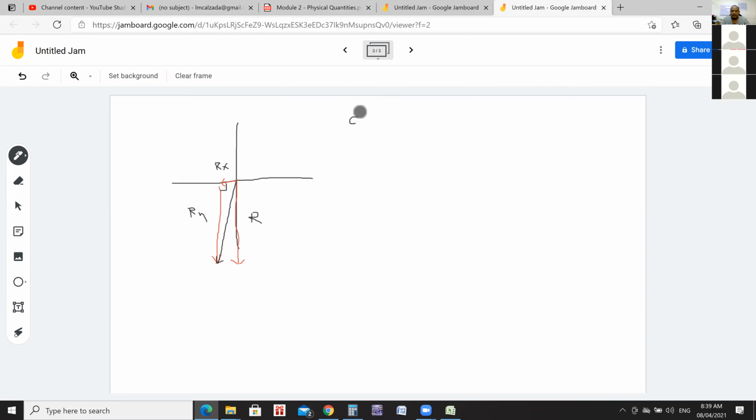So we have, the Pythagorean theorem, c squared is just equals to a squared plus b squared. So you remember now.